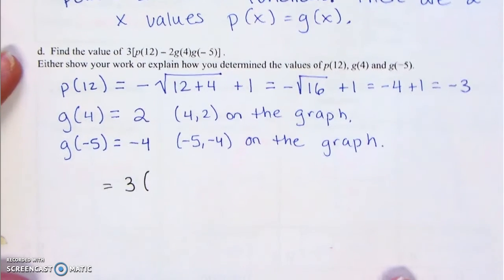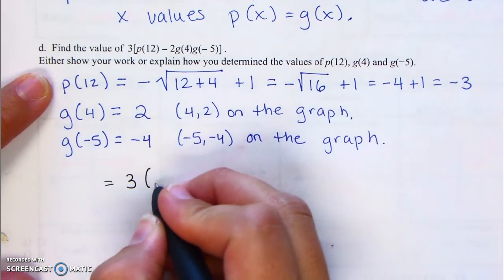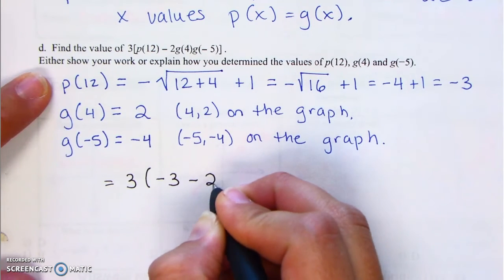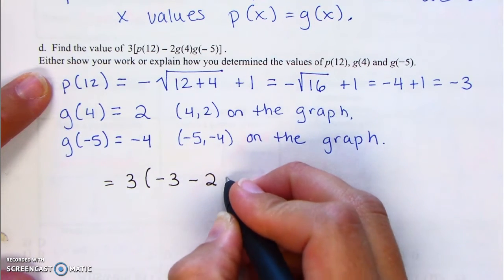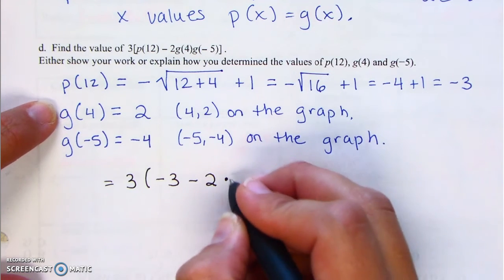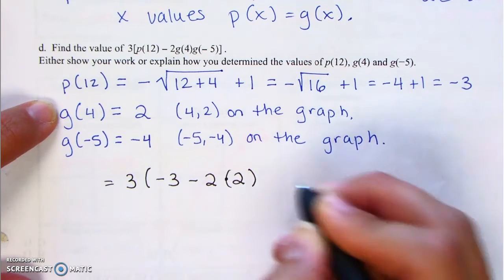3 times. What's p of 12? Negative 3 minus, a 2 is already there, times g of 4. What's g of 4? 2. Okay.